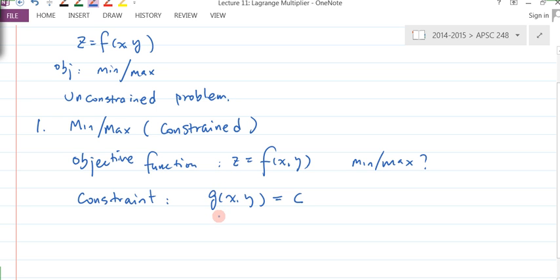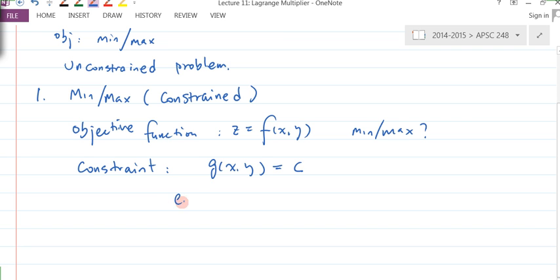For example, x squared plus y squared equal to 4. That's a circle, right? So the constraint could be a circle, for example. Or maybe it's a straight line, x plus y equal to 3, something like this.